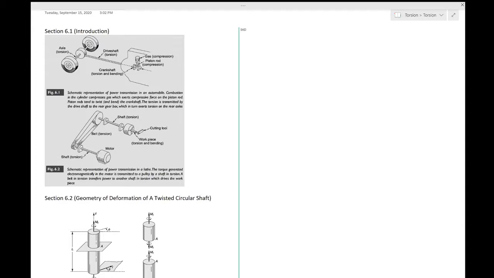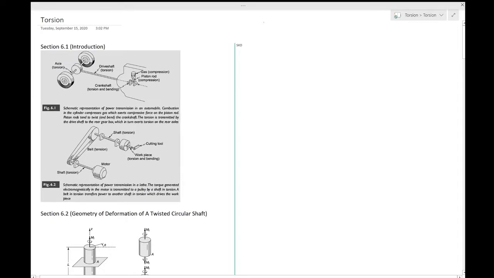So let's consider the problem of twisting or torsion. A slender element subject primarily to twist is usually called a shaft.